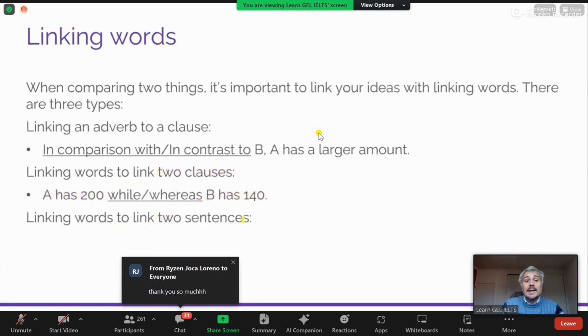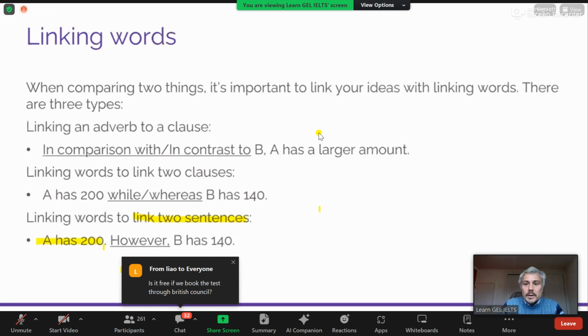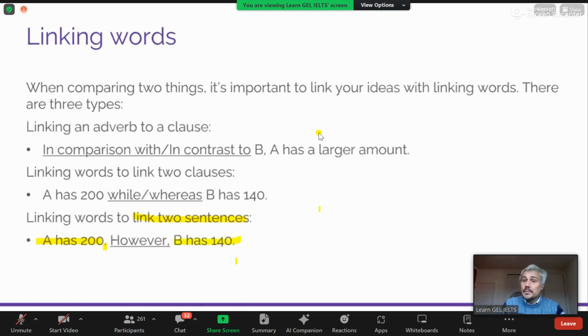And finally, we can link two separate sentences using a linking word. For example, A has 200, full stop. This is the end of the sentence. New sentence, B has 140. These are not the same sentence, they are two separate sentences.